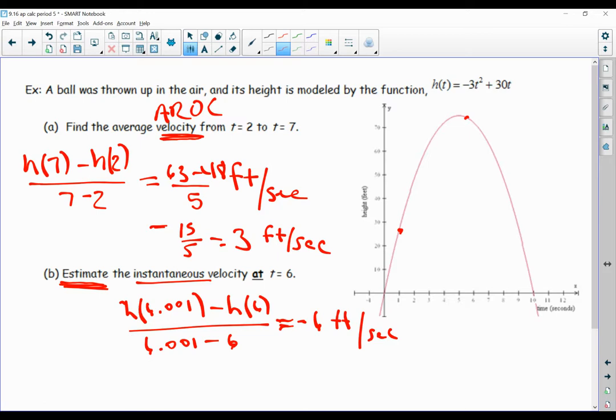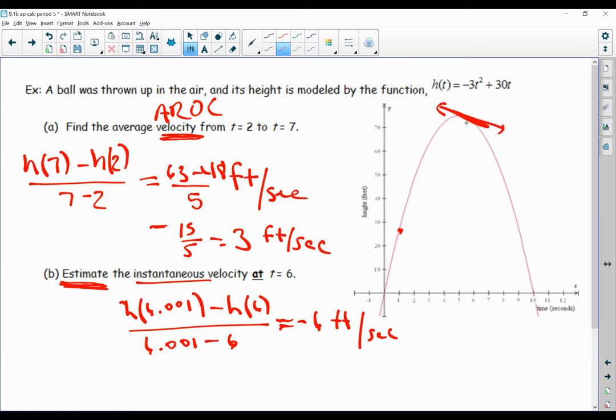Okay, so there's a little bit of difference here. Because I used a decimal 6.001, I am now approximating the instantaneous velocity. Now, if I were to try to show you what I just did, I took a point at 6 and a point at 6.001, which is right next to it, and I drew a line that kind of touched it.